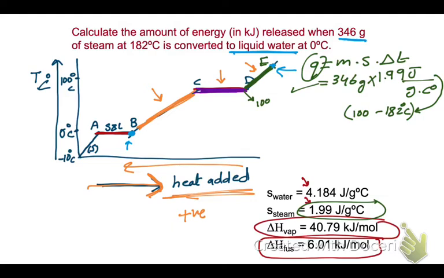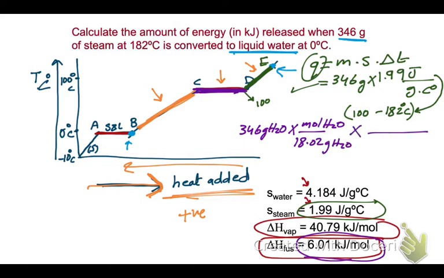For the second segment, I have from D to C, which is the horizontal. There is no change in temperature. However, heat of vaporization can be calculated if I have the amount of moles. So for the second segment, I can first take 346 grams of water steam and convert that into moles. 1 mole of water has a molar mass of 18.02 grams of water, and then multiply by the heat of vaporization.